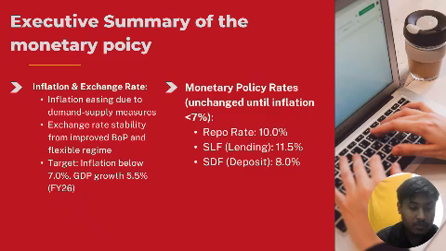The government is targeting inflation under 7%, and the targeted GDP growth is 5.5% for the fiscal year 26. The monetary policy rate should be unchanged if inflation stays below 7%.